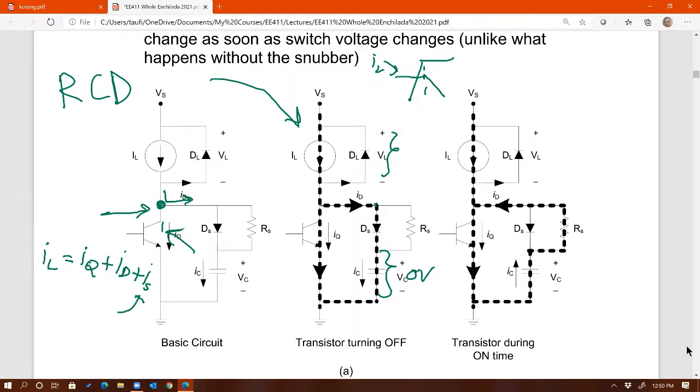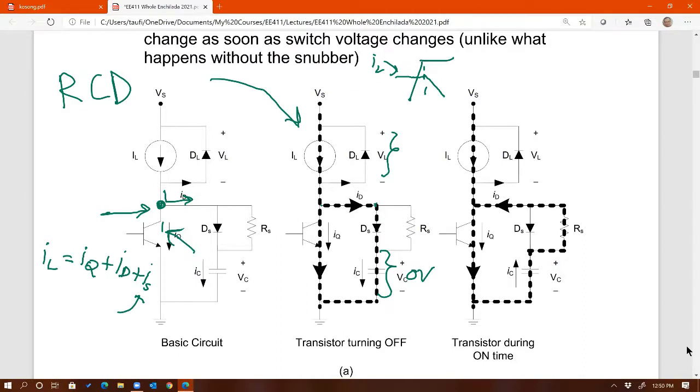Oh, I guess never mind. I just answered my own question. We're worried about when the switch is half conducting, so it would have a bigger voltage. I got it.